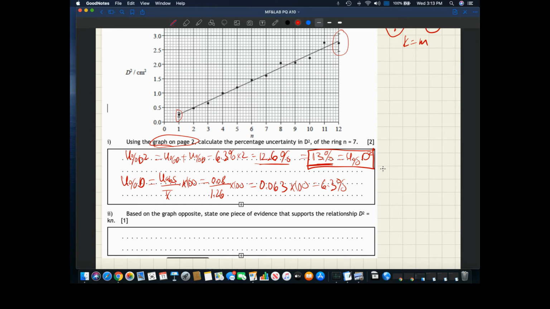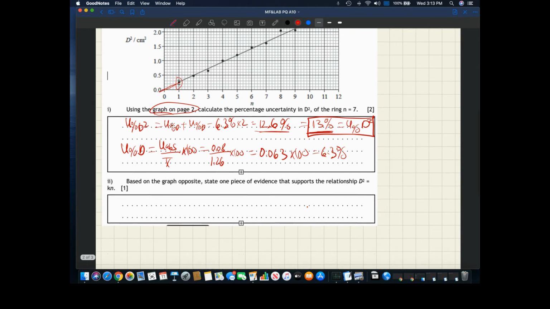So now, state a piece of evidence that supports D squared is equal to Kn. Well, in this case, we can draw a straight line. It passes through all the error bars and the origin.